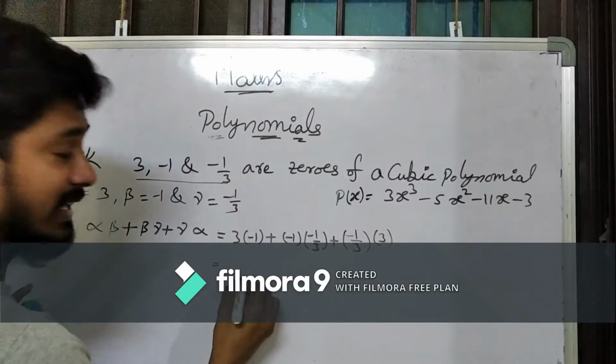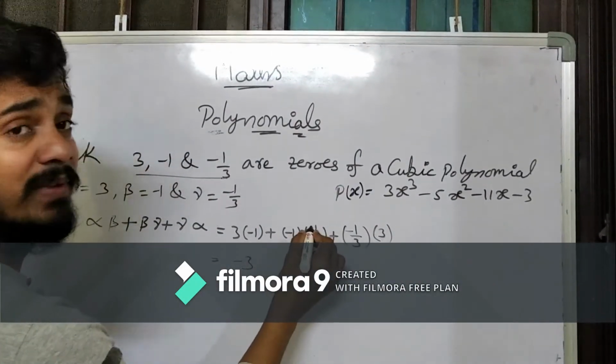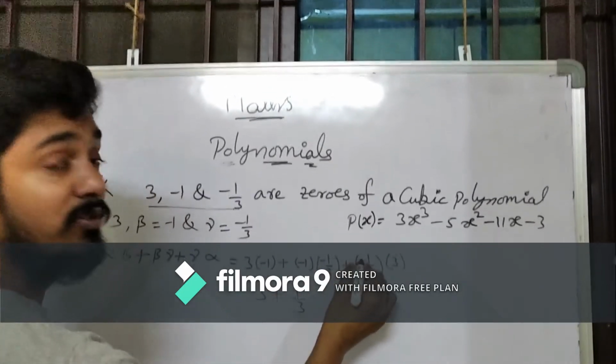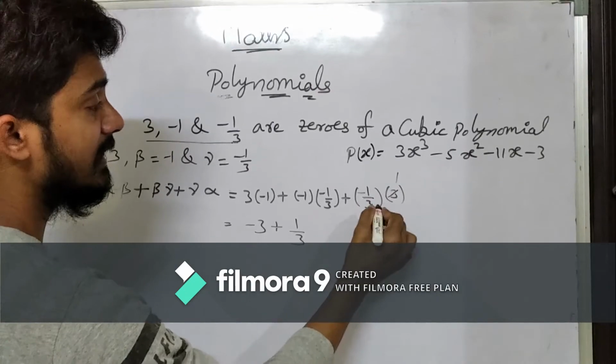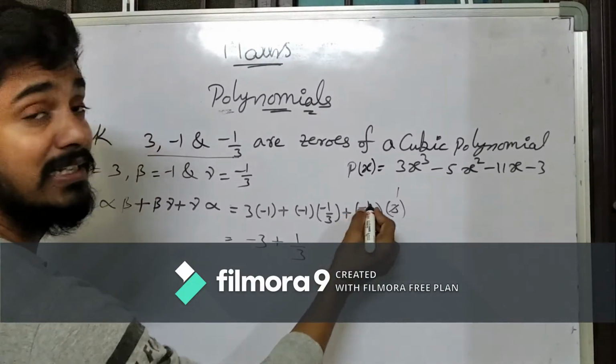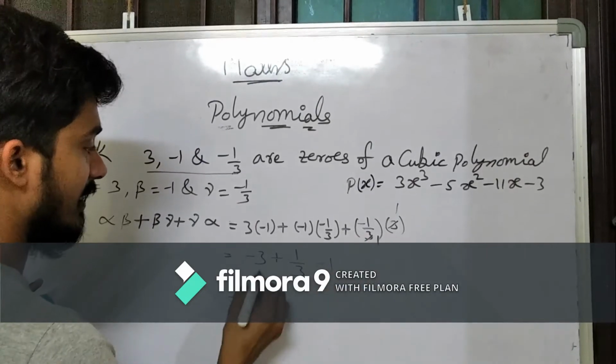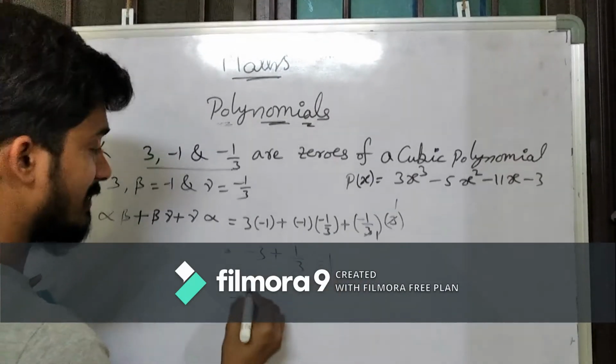That equals 3 into minus 1, minus 3. Minus into minus is plus, 1 into 1 by 3, 1 by 3. Minus into minus is plus, 3 by 3 is 1. Minus 1 minus 3 minus 1 is minus 4.